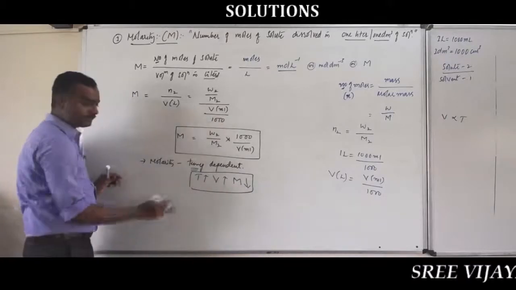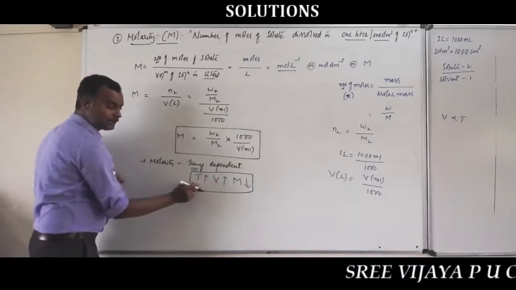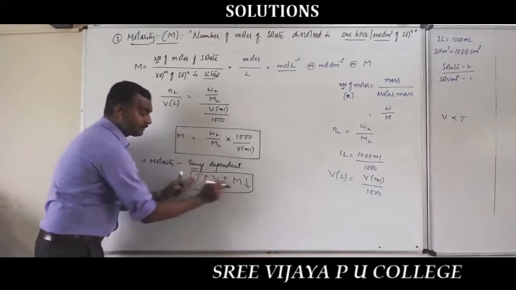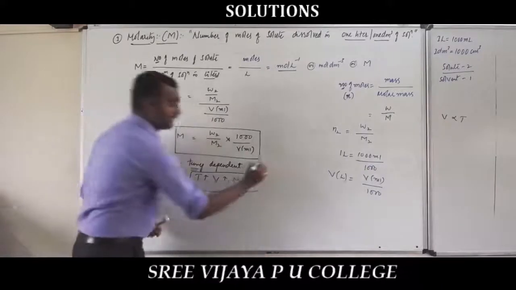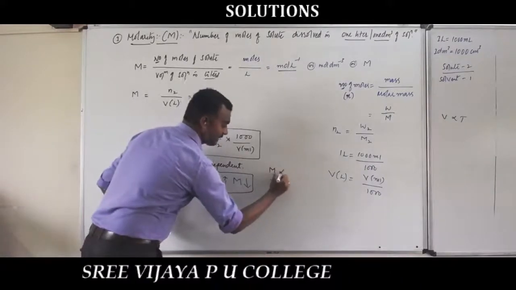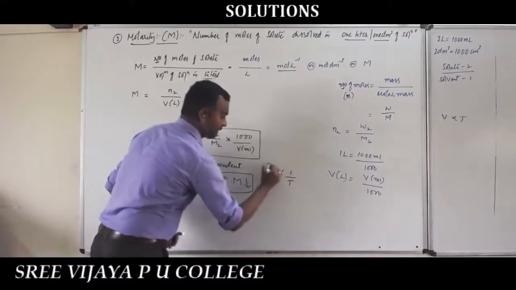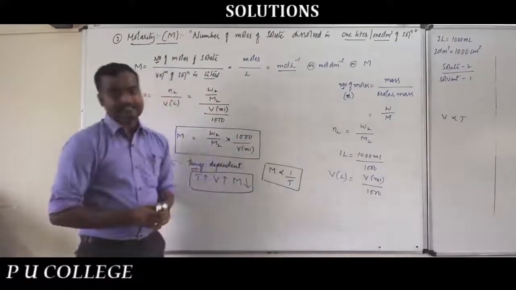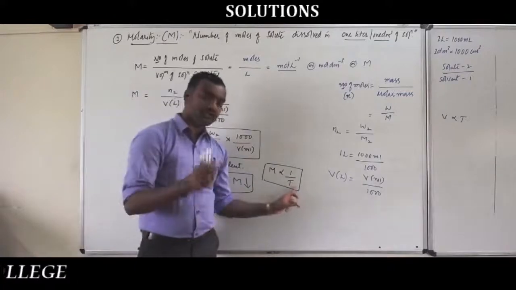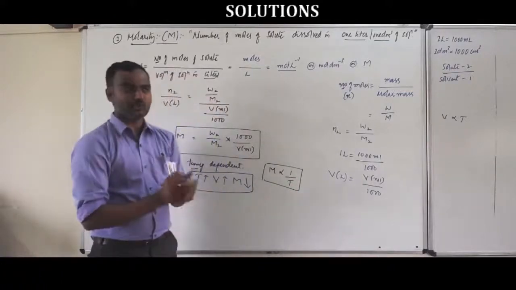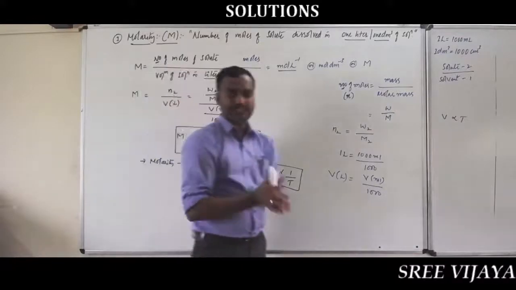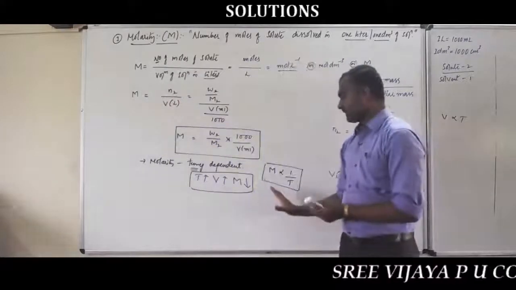Temperature and volume are directly proportional, volume and molarity are inversely proportional, so temperature and molarity are inversely proportional. As the temperature increases molarity decreases, or as the temperature decreases molarity increases. That is the meaning.